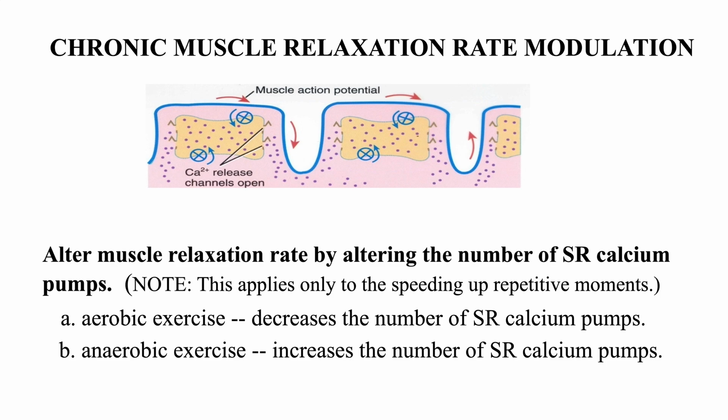They have a complex SR development, and remember this number, because we'll talk about it in pretty much every unit: type 2 fibers have three times as many calcium pumps as our type 1 fibers do. That's because they shorten three times as fast and they relax three times as fast. So calcium pumps are vitally important for the overall function of the muscle, especially when we're looking at velocity.